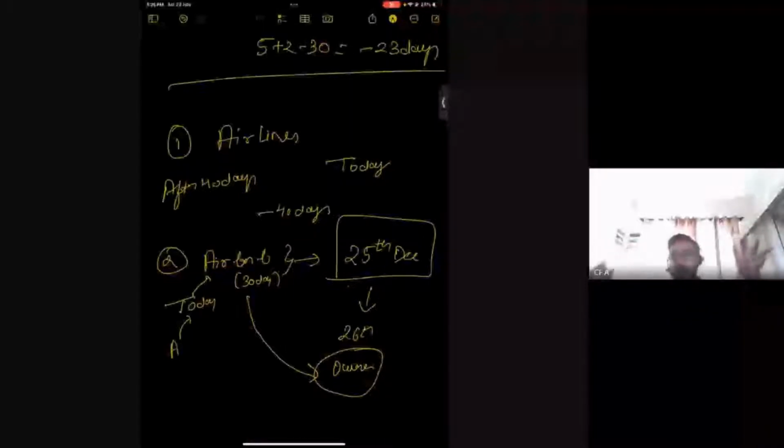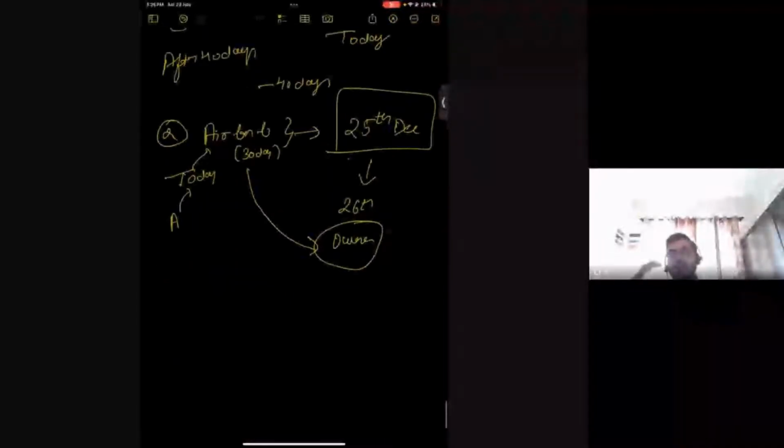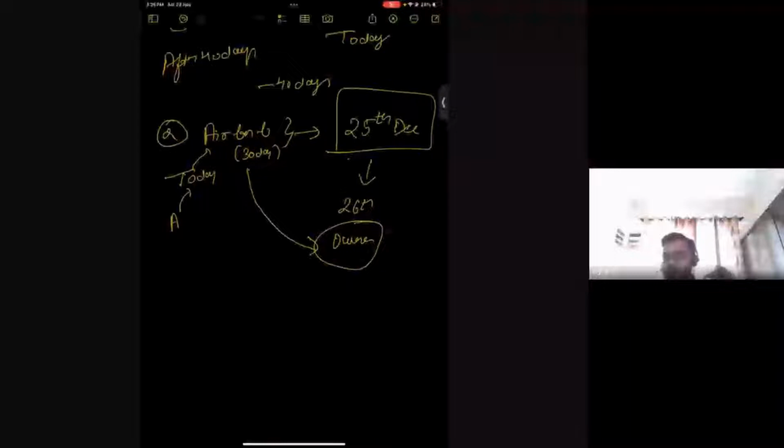Airbnb will sit on it for the next 30 days. Once you have visited the facility on the 25th and left on the 26th, that's when Airbnb will make payment to the owner. So from an Airbnb perspective, they are sitting on a negative working capital because they have made sales 30 days in advance.